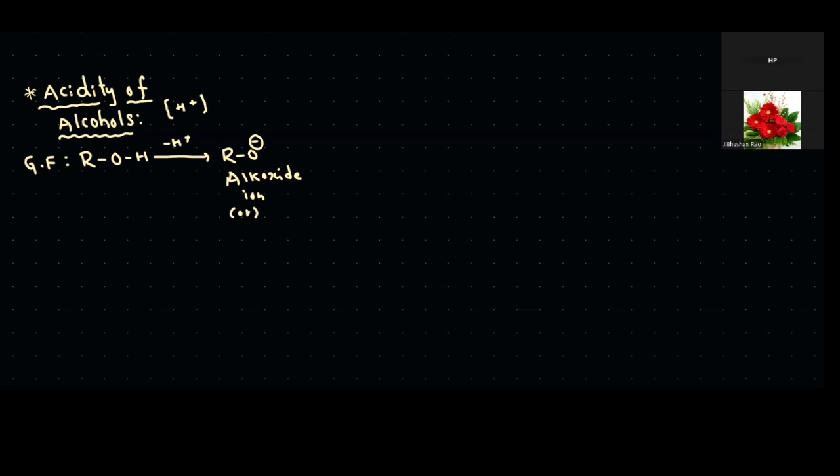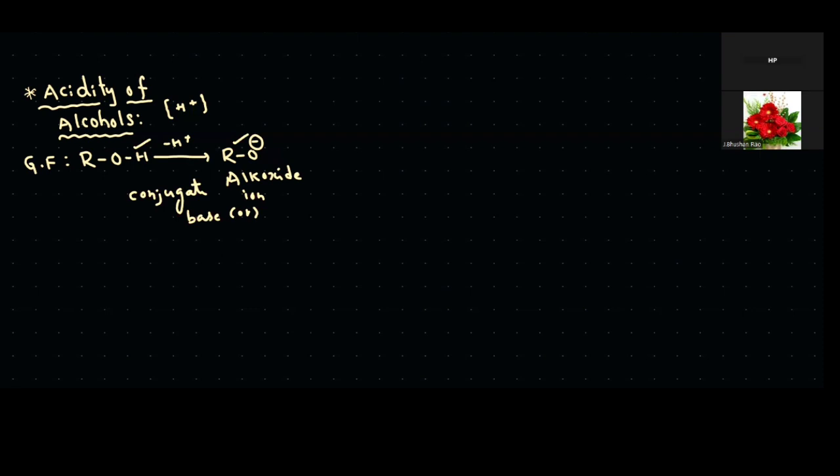So the acidic strength of alcohol depends on the stability of the alkoxide ion. That is the main condition for the acidity of alcohols.